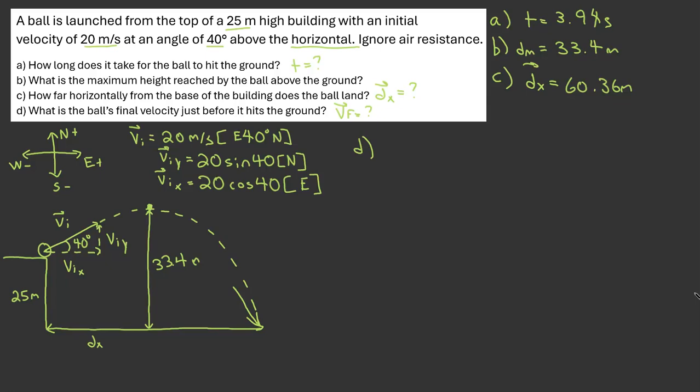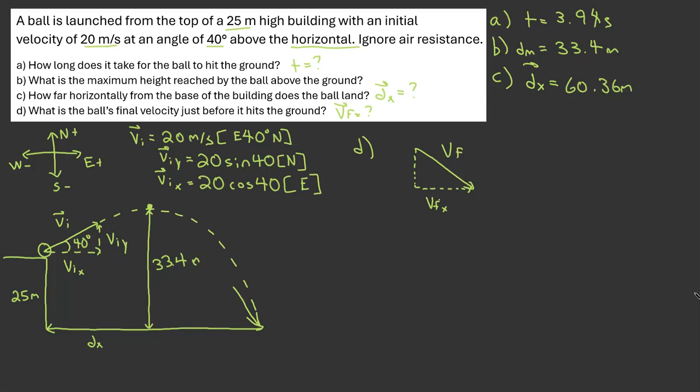What is the ball's final velocity just before it hits the ground? Let's take this vector that I drew. And the angle might be off, but that's okay. We're just making a guess here that this vector, like our initial velocity did, is going to have an x and a y component. And like I told you in part C, we'll say that this is our final velocity.